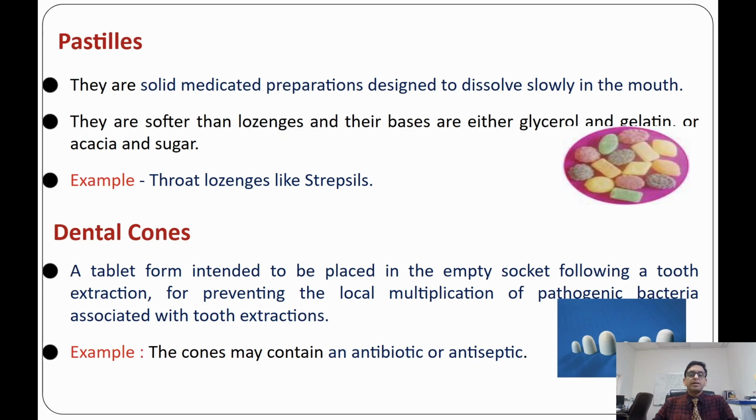So these are smoother than the lozenges, and this is called pastilles. This is also expected to produce some localized actions in the throat and oral cavity. The example, throat lozenges like Strepsils, can possibly also be prepared as pastilles.